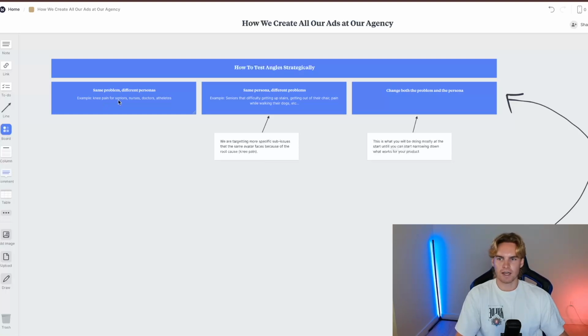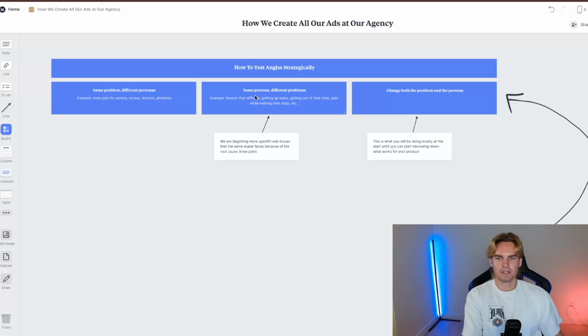And what you have to understand is that creating an angle around knee pain for seniors is going to be a drastically different angle than when you're testing it for athletes, because athletes and seniors struggle with very different things in their day-to-day life. And the best way to create these angles is using specific language and speaking as if you were the customer. So obviously targeting seniors versus athletes is going to be drastically different.